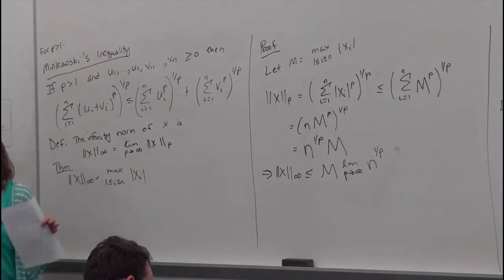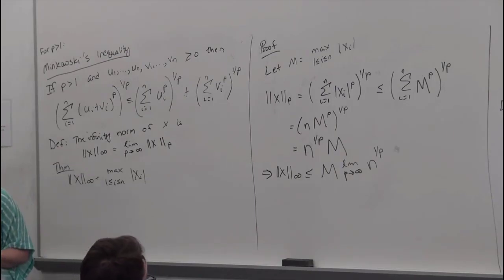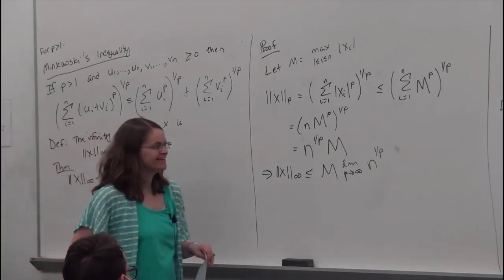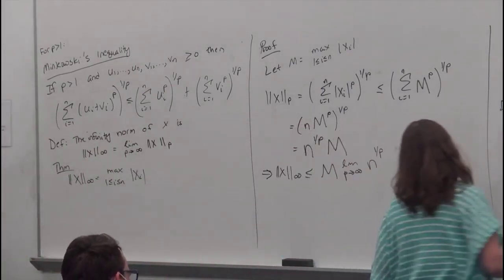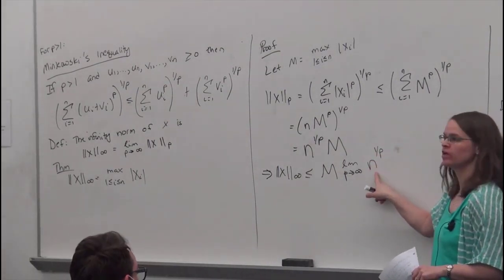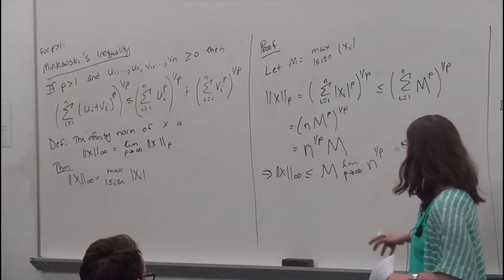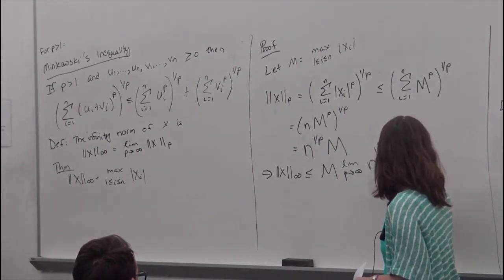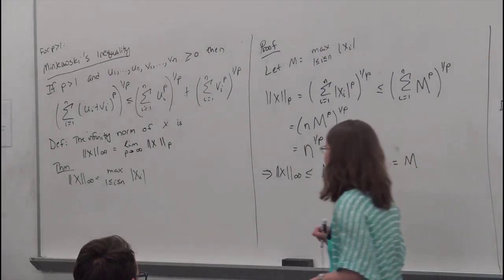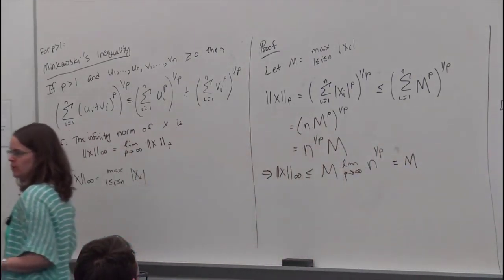And what does n to the 1 over p approach? 0. Or sorry, 1. 1, okay, you caught it, yes. So 1 over p approaches 0, so n is just a fixed finite number, it's not changing. So indeed, this approaches 1, so this is exactly equal to M. So that gives us the bound we want in one direction.